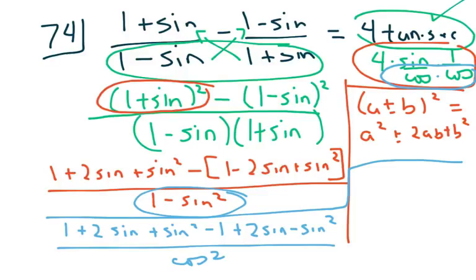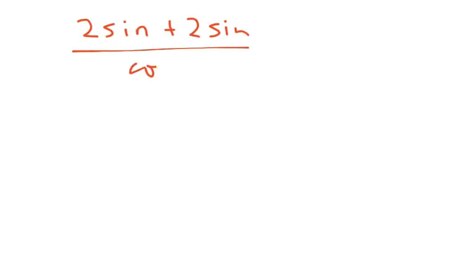Cosine times cosine is cosine squared. Alright, we're going to clean this up. The ones will cancel. The sine squares will cancel. And I'm going to rewrite these two over here. So I'm going to have 2 sine plus 2 sine over cosine squared, which gives me 4 sine over cosine squared.